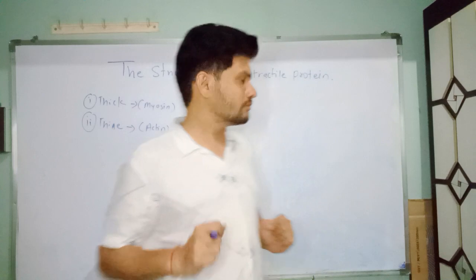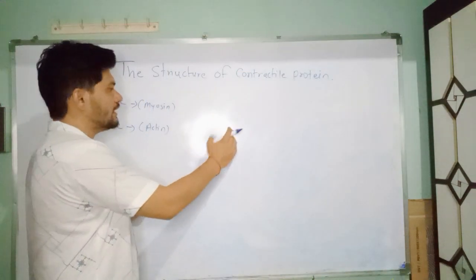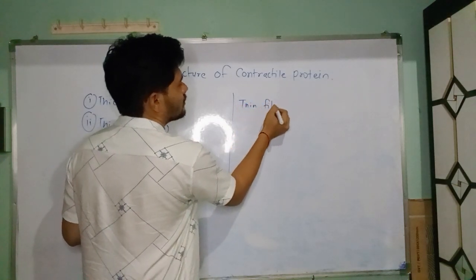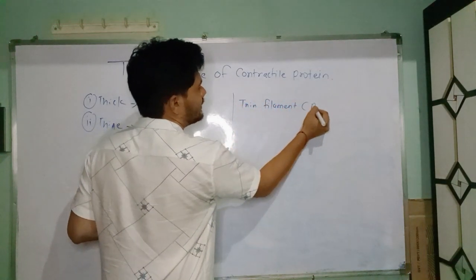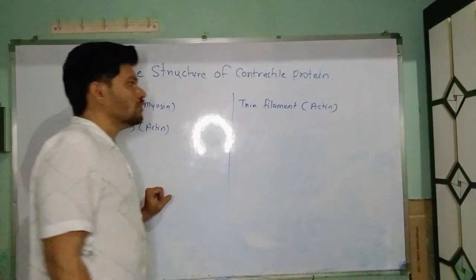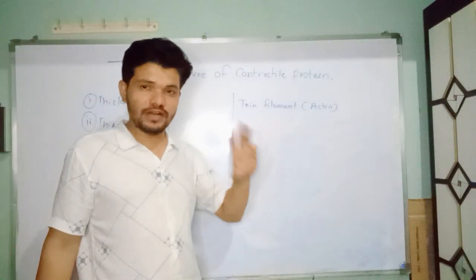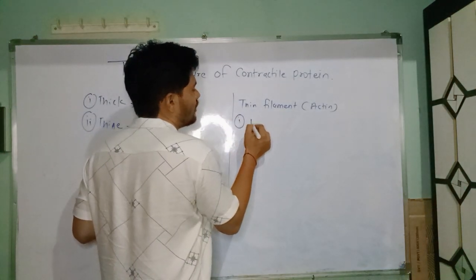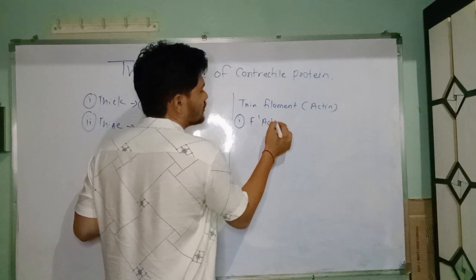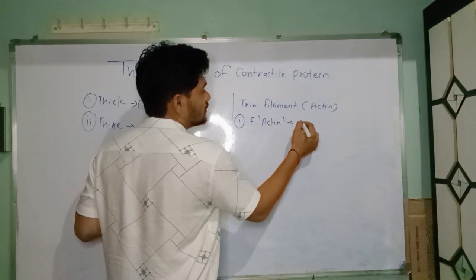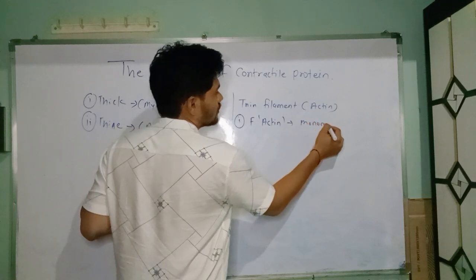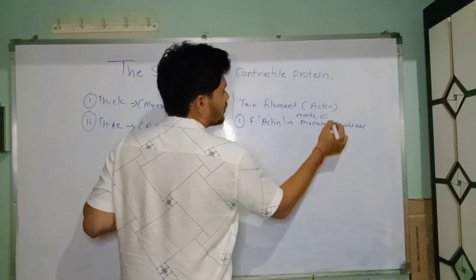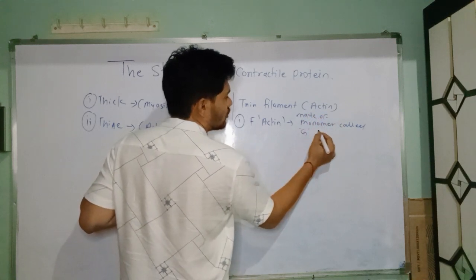First of all, we will study the structure of the thin filament, which is made up of actin protein. Your thin filament is made up of three types of proteins. First is F actin, which is made up of a monomer called G or globular actin.